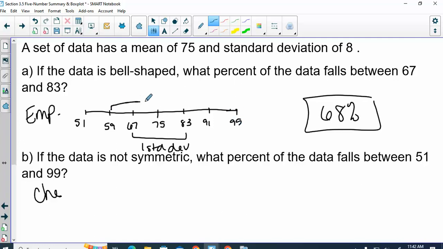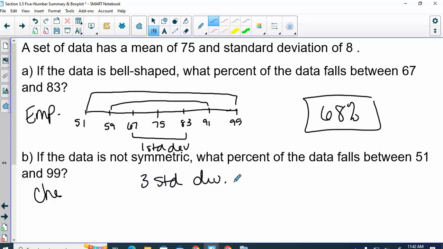So this is 2 standard deviations. So 51 to 99 is 3 standard deviations. So Chebyshev says we do 1 minus 1 over k squared, where k is the number of standard deviations. So 1 minus 1 over 3 squared.